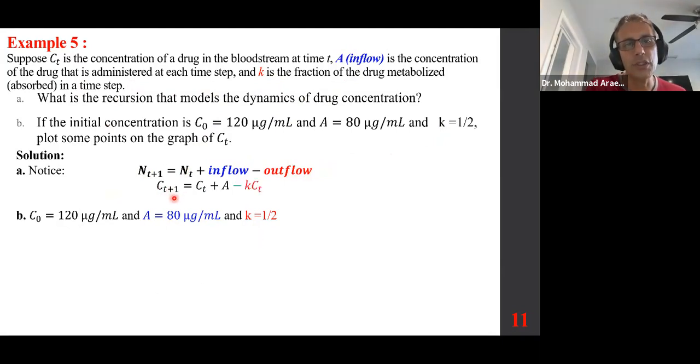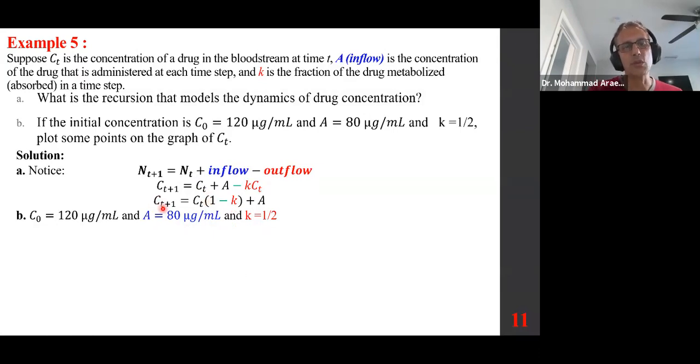So C sub T plus 1 is C sub T, the inflow is A. Now, how much does it take if it's the percentage or fraction times C sub T? I hope you realize that. Now I can put the first and the last together and factor out C sub T, and I get C sub T times 1 minus K. This is a simple factoring.